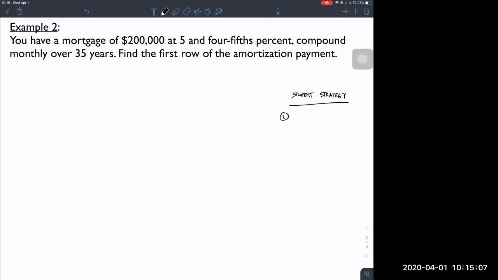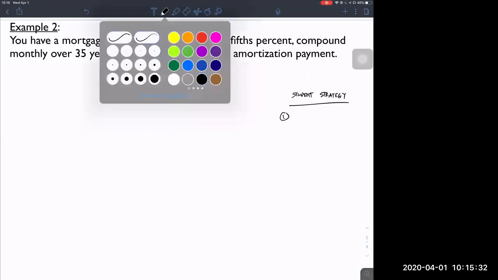Okay, so students, thank you all. So student strategy, for those that don't follow what I do, how do you normally go about this? I'd say since it says compounded monthly, and you see the mortgage, I'm assuming it's 12.